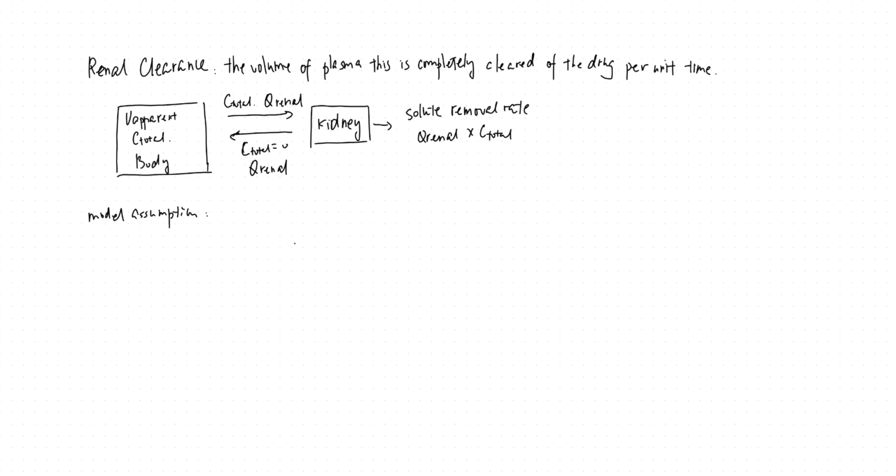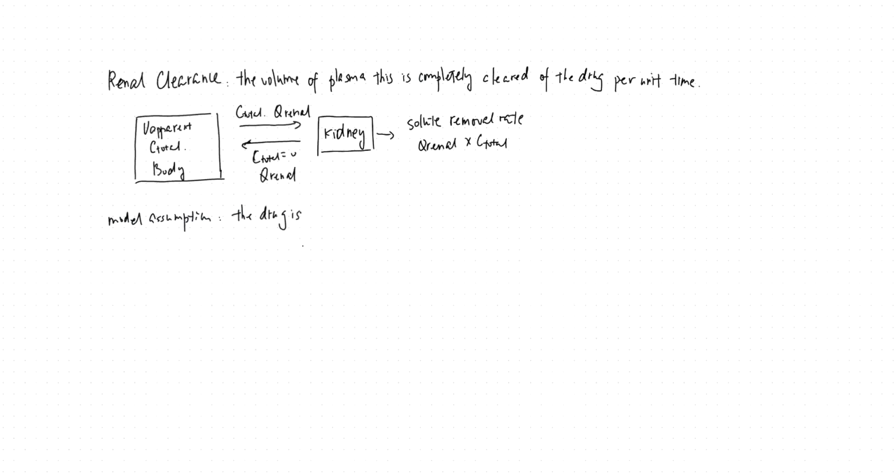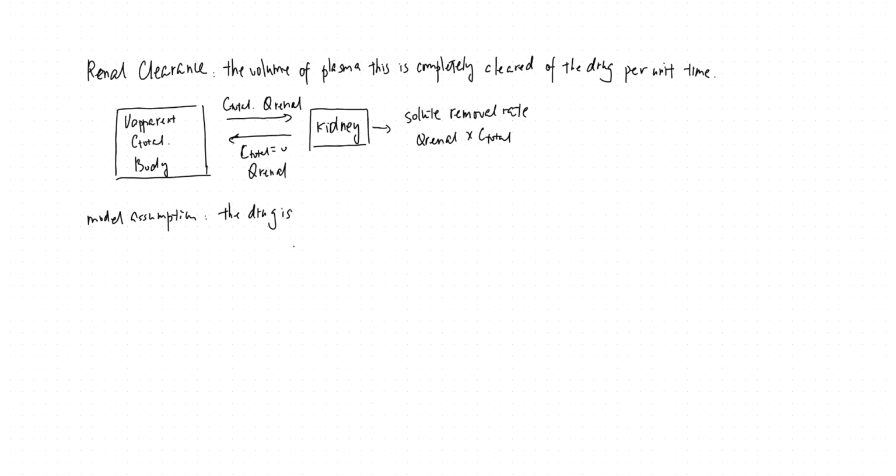But for this lecture, for the renal clearance model, the model assumption is very clear: the drug is eliminated solely by renal excretion.